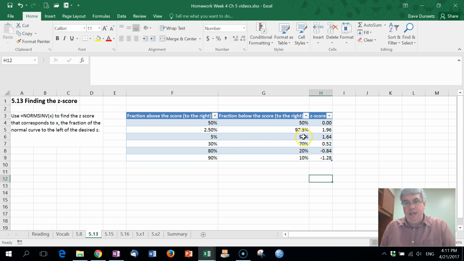When there's 5%, it's 1.64. Those look like the critical values of z that we'll see other places. And we've got the rest of the z-scores there that correspond to this fraction, this score with that fraction above them.